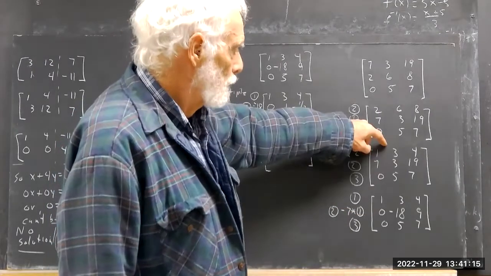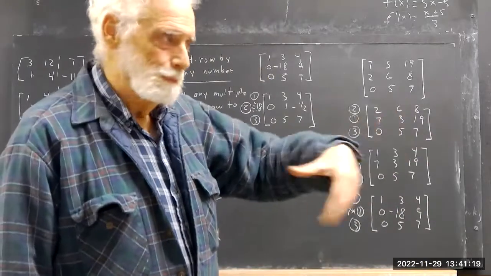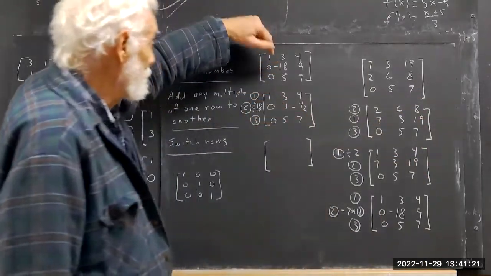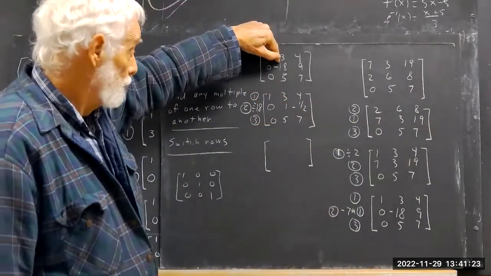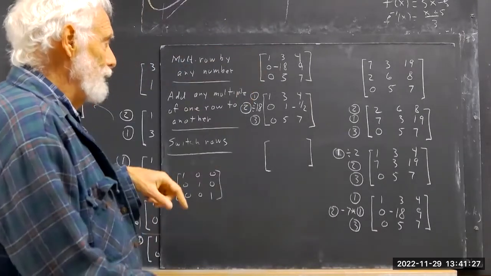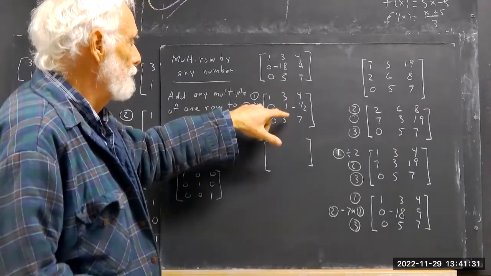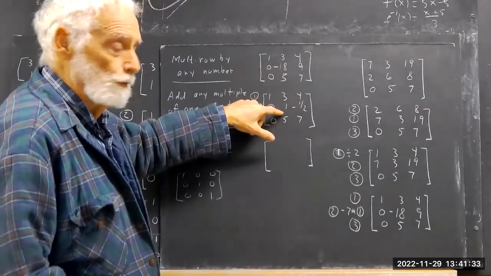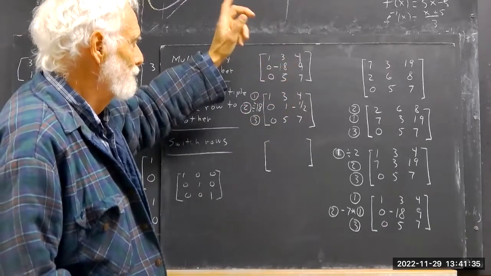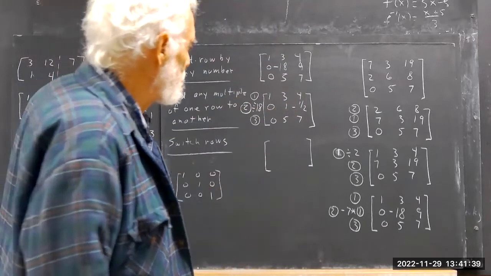Negative 21 added to 3 gives me negative 18. I did it. Okay, anyhow, then we get negative 18 here. And then we're going to divide by negative 18. A little hard to read that, but that's what we did. Then we get negative 18 over 18 is 1, negative 9 over 18 is negative 1/2.